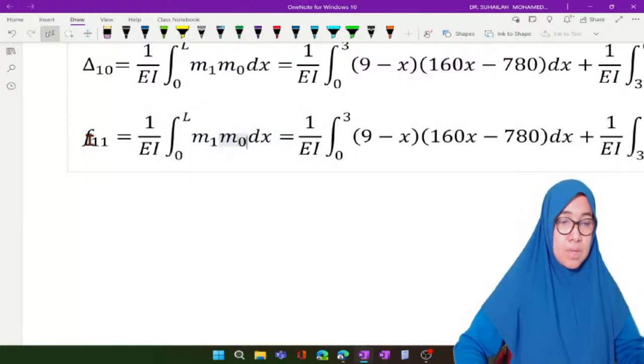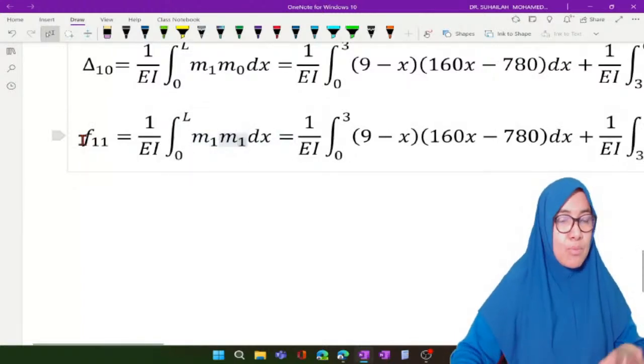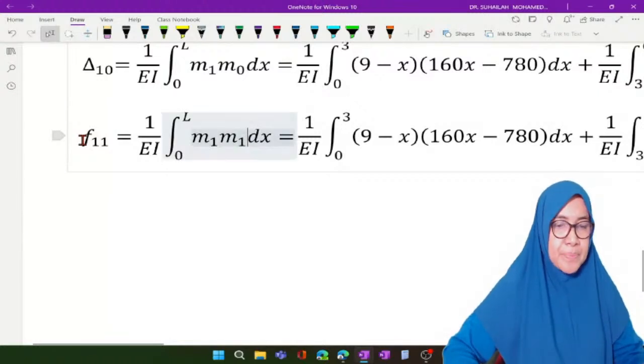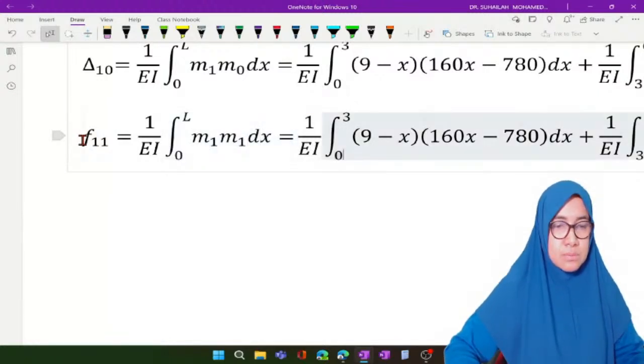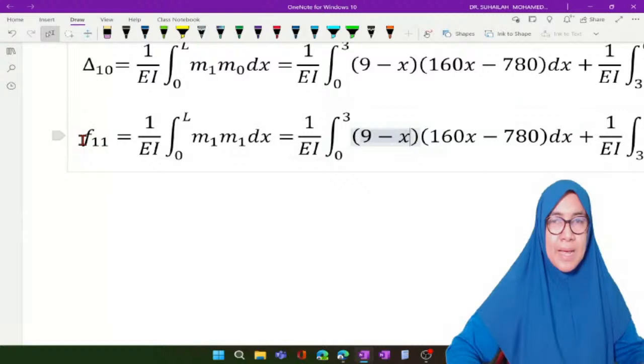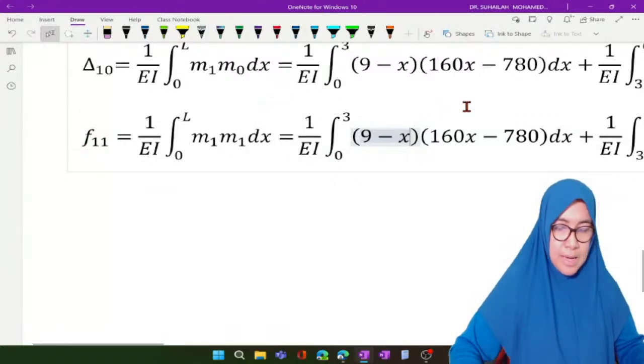Okay, M1 times M1, so it is 9 minus x, squared.